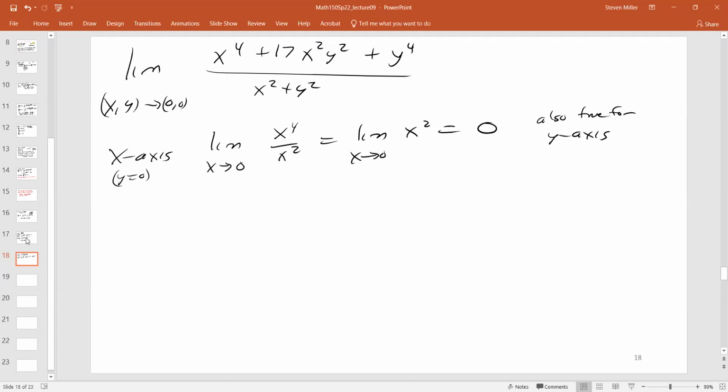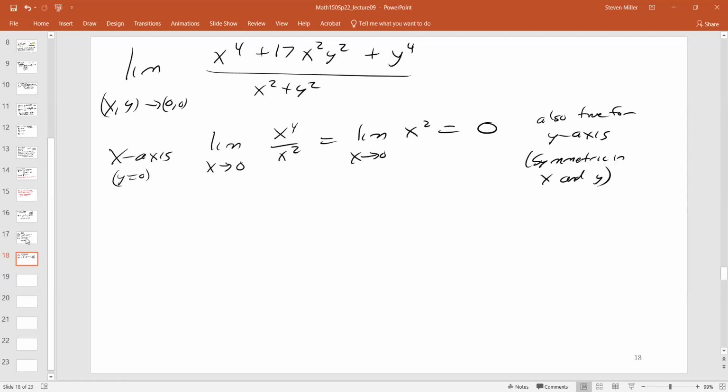It's symmetric in x and y. So at this point, do you believe that it might have a limit of 0? Or is 2 such a small number relative to infinity that you'd like a little bit more?